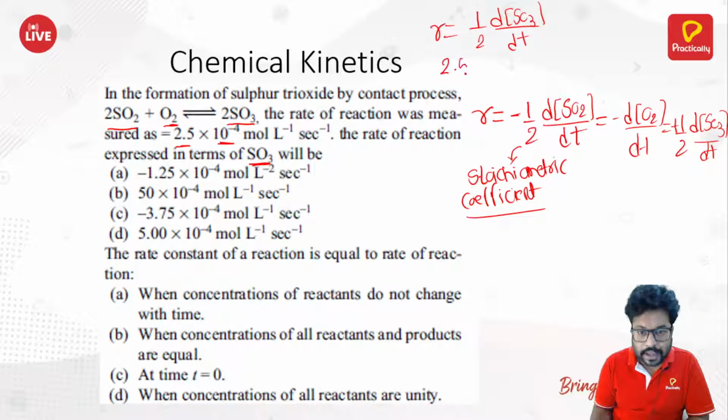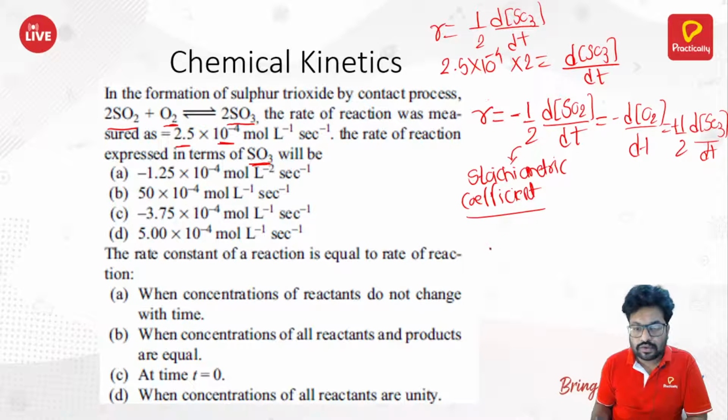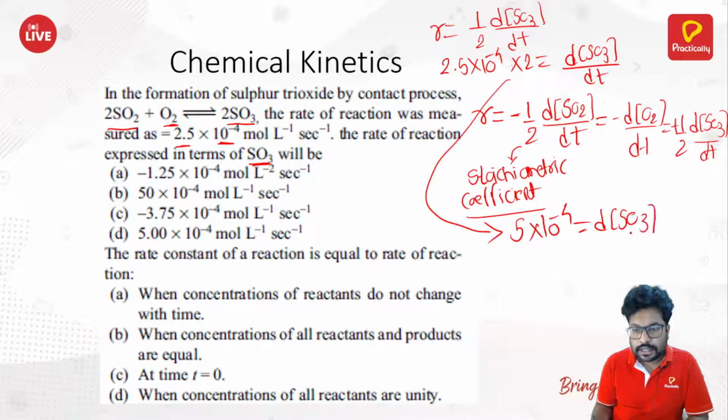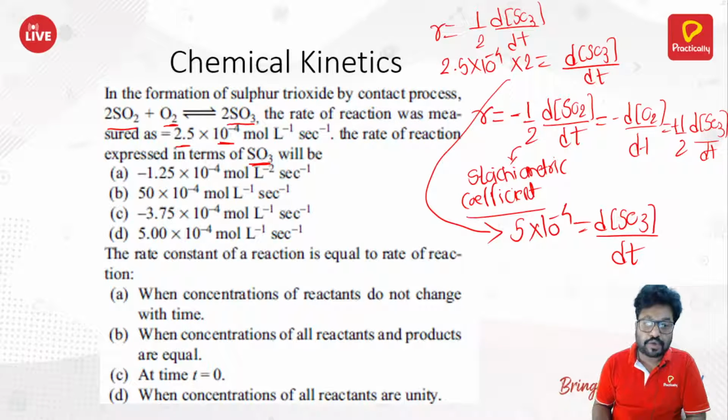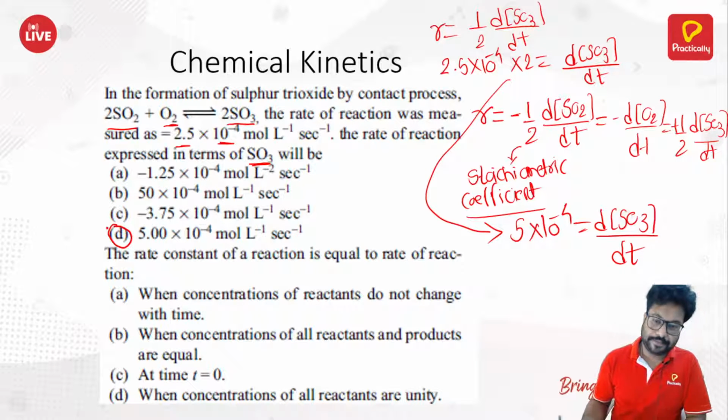R is 2.5 into 10 raised to minus 4 into 2, equal to the rate of change in concentration of SO3. 2.5 into 2 becomes 5. 5 into 10 raised to minus 4 is equal to change in concentration of SO3 divided by dt. So the answer is 5 into 10 raised to minus 4 mole per liter per second. That is why in this case the option is D.